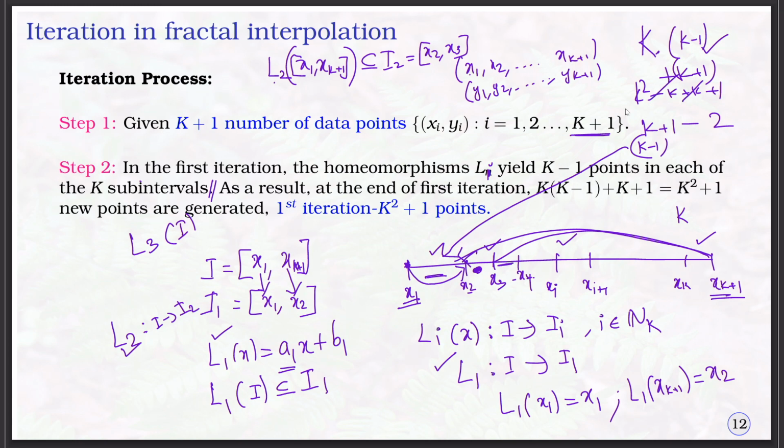You can remove this, and we get k square plus 1 points. So at the end of the first iteration, k square plus 1 new points are generated.